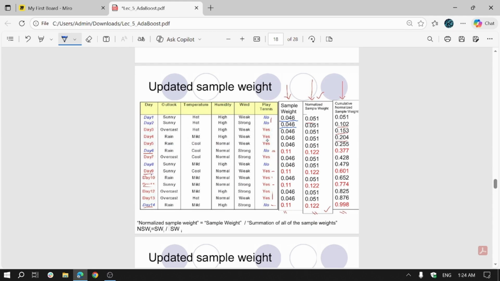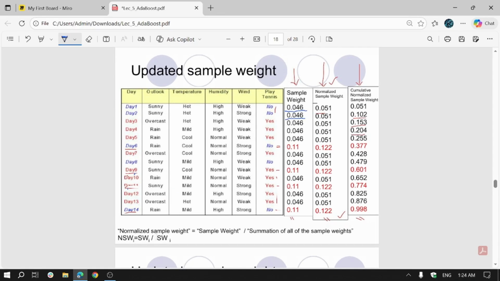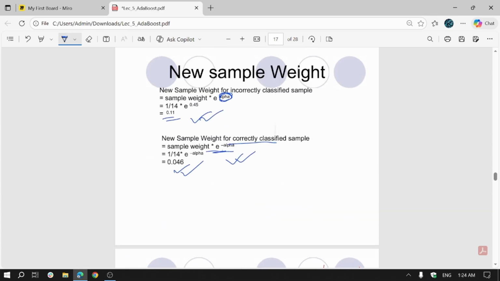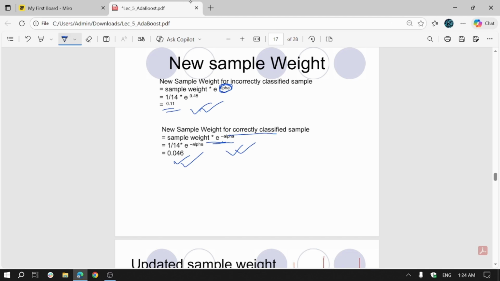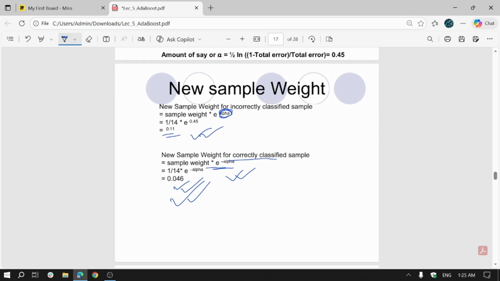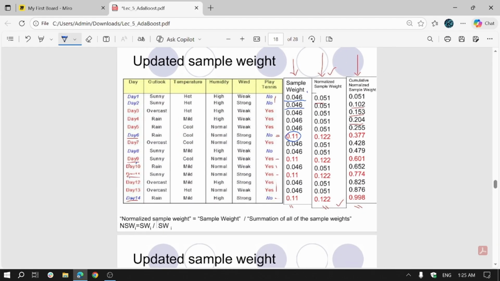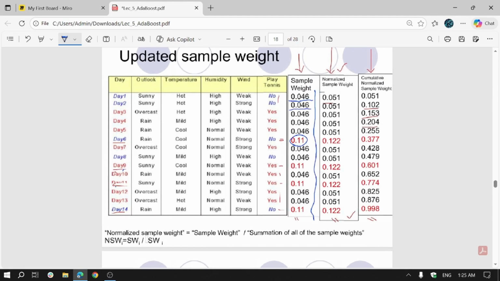So here you can see we have updated the misclassified value on the decision of misclassified data. And we updated the value. So we got the result for correctly classified data using alpha, 0.046, right? Here it is. And for incorrectly classified data, we got 0.11. So this way we will update it here, and then we will find the normalized sample weight.